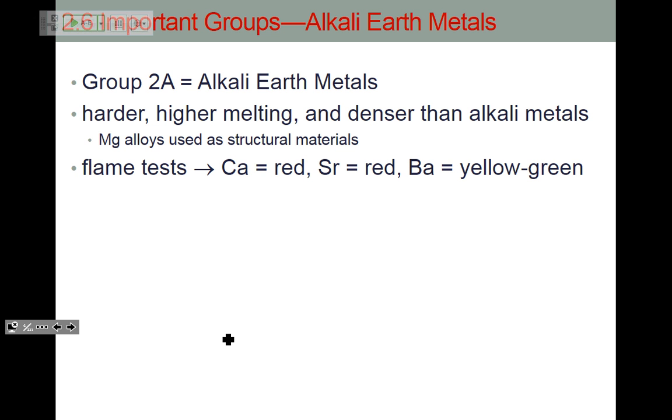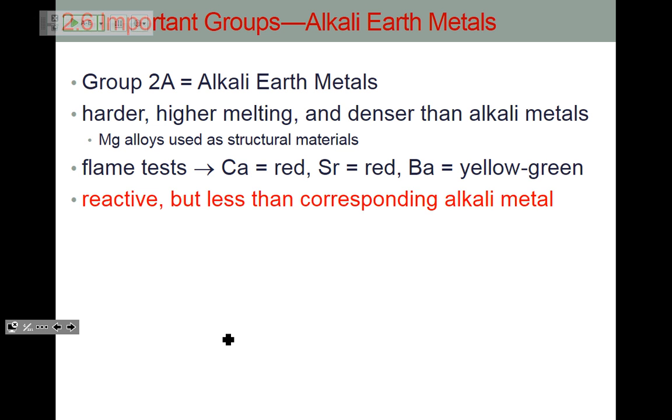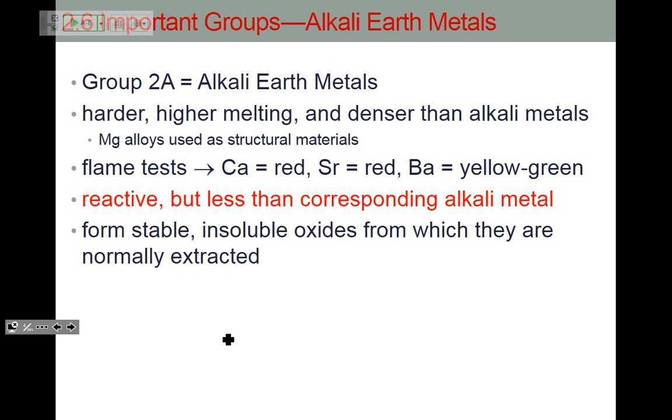As far as flame tests, you can still do flame tests with these metals, and depending on the metal, they'll burn different colors. You don't have to memorize what colors they burn. They are reactive, but less reactive than our alkali metals. So our alkaline earth metals are still reactive, but not as exothermic when they're giving up their electrons. They form stable insoluble oxides, which is how we normally extract them.